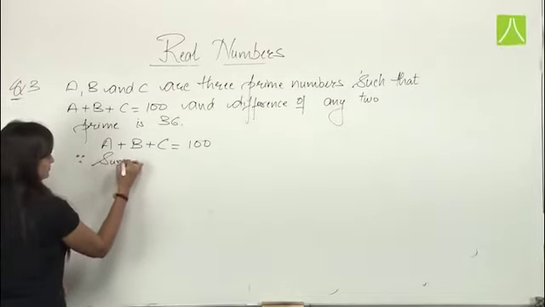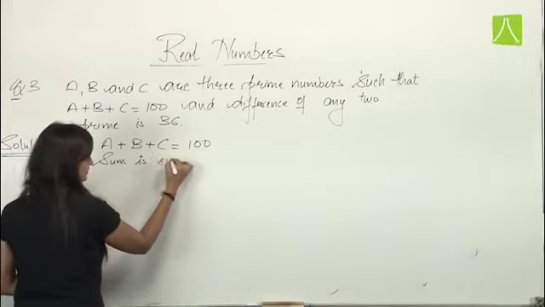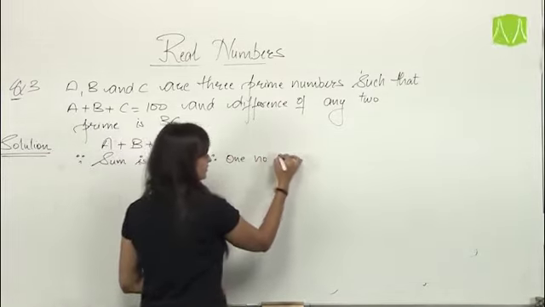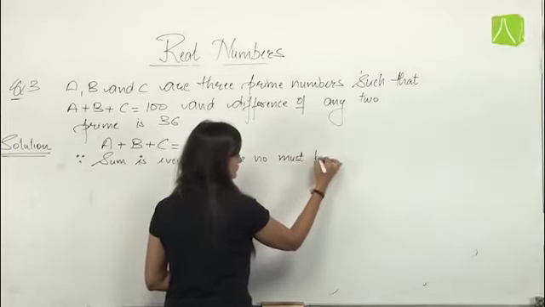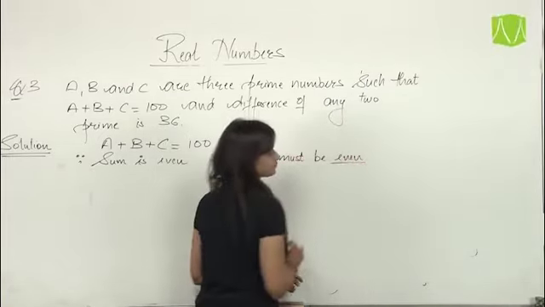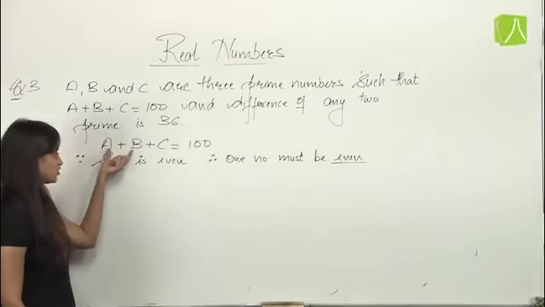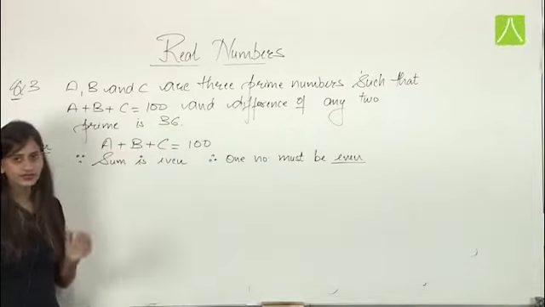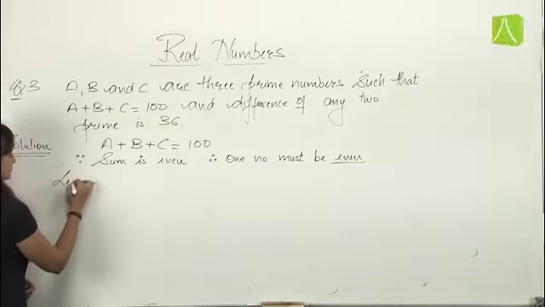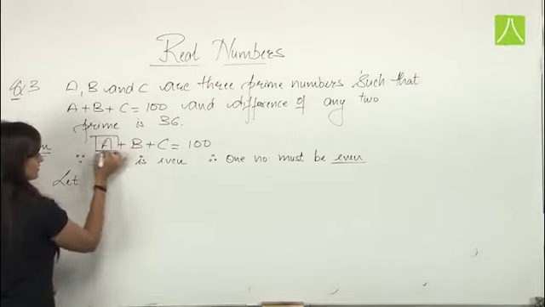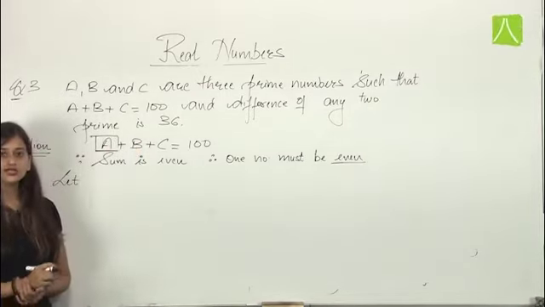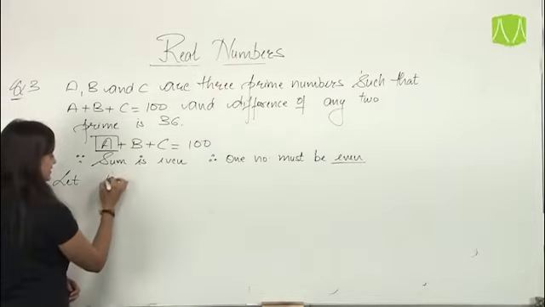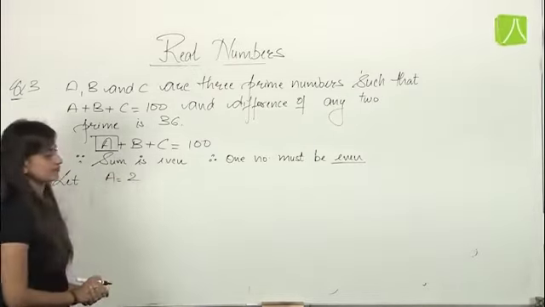Odd plus odd is even, even plus odd gives odd, that means one has to be even. Let's suppose A is an even number, and the only even prime is 2, therefore let A is equal to 2.